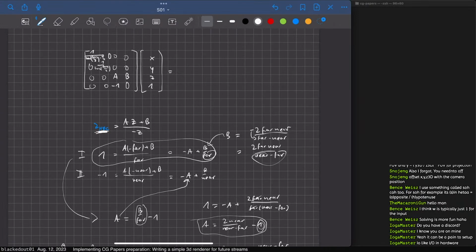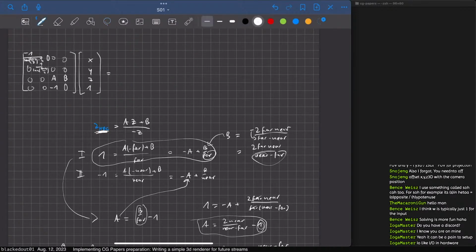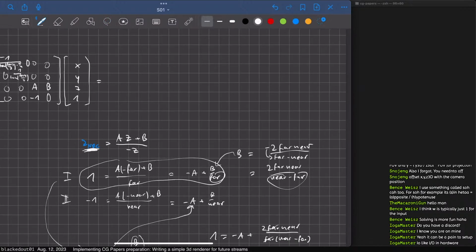So this matrix here, if we write this down a little bit larger, is 1 divided by tangent of field of view y divided by 2. And again, the x needs to be divided by width over height. Then the y factor is tangent, field of view y halved.